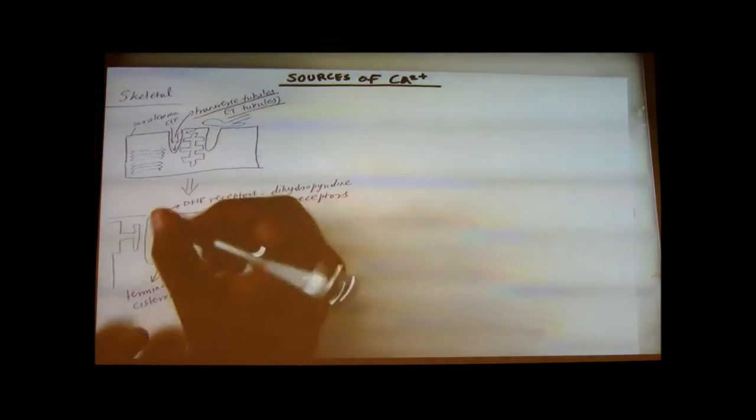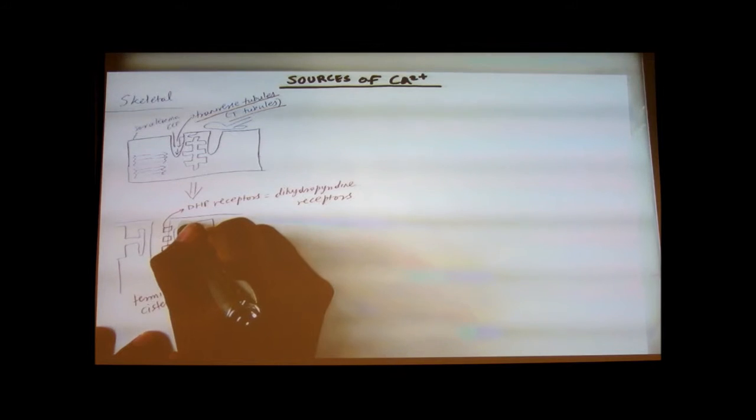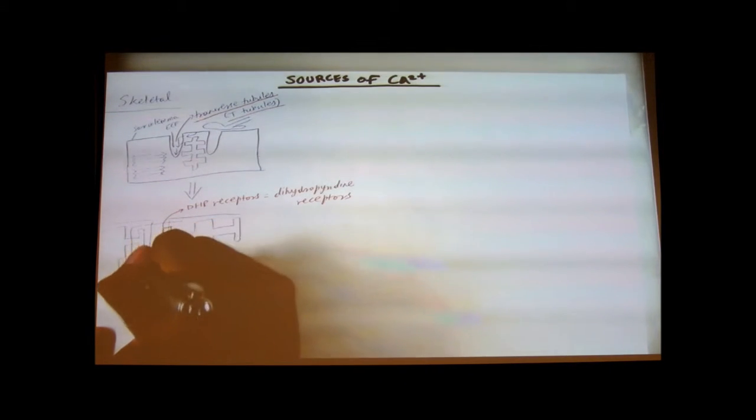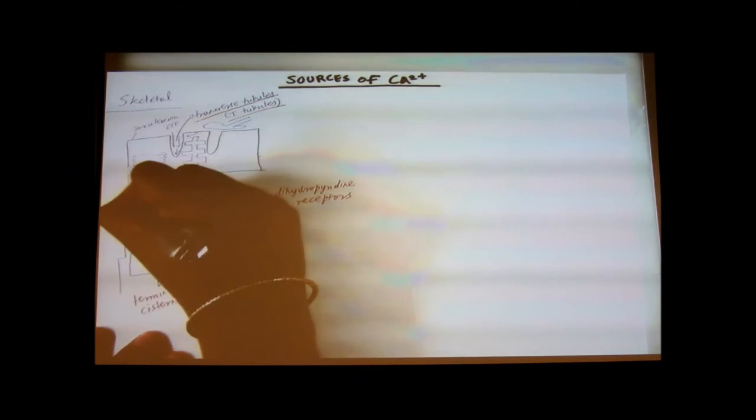And they're in very close proximity to these sarcoplasmic reticulum ends, which actually have a certain name called the terminal cisternae. And you can see that here you have two terminal cisternae and one T tubule, and together they form what's called the triad.